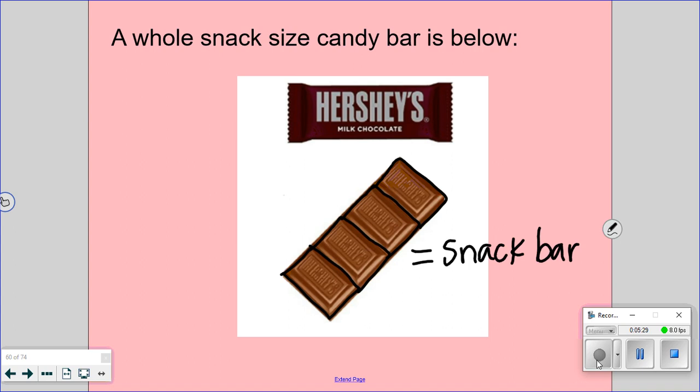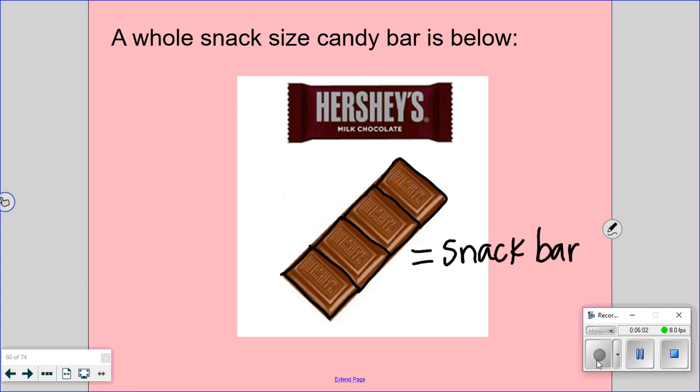Jordan, what did you and your table talk about? We said no because a piece isn't the same size as a snack bar, and it's not equal to a snack bar. All right, so let's look at this with some fraction pieces. Brogan already told us, hey, that snack bar has 4 equal pieces. Right, Brogan? Yep. So using my fourths pieces, I can say, okay, there's my snack bar.